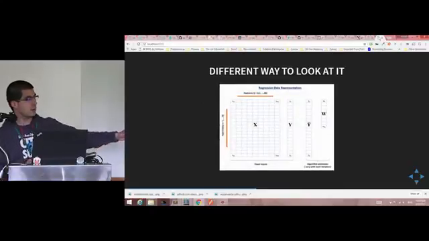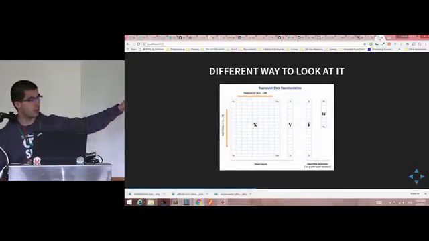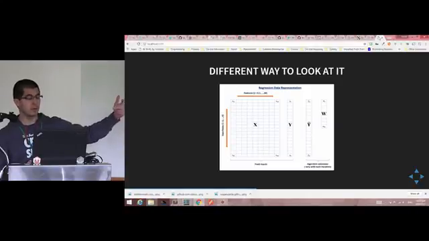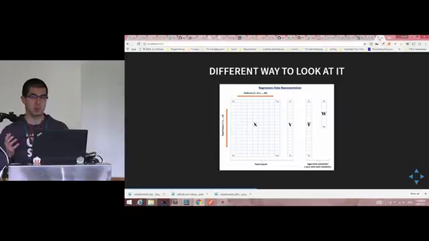A vector would be a tensor of 1 dimension. A matrix with rows and columns would be a tensor of 2 dimensions. And a cube, so 3 dimensions, would be a tensor of 3 dimensions. So you have to think of it as a container.